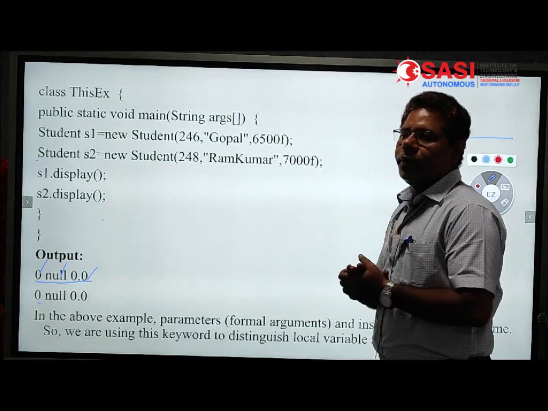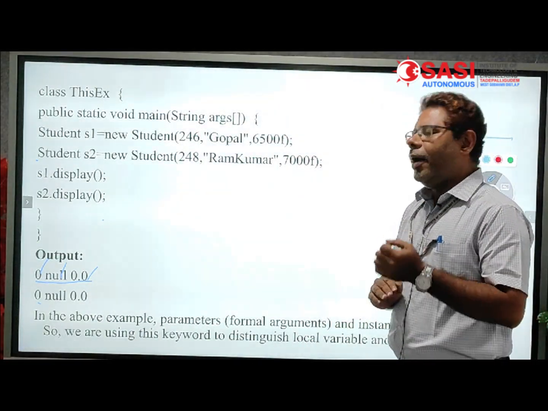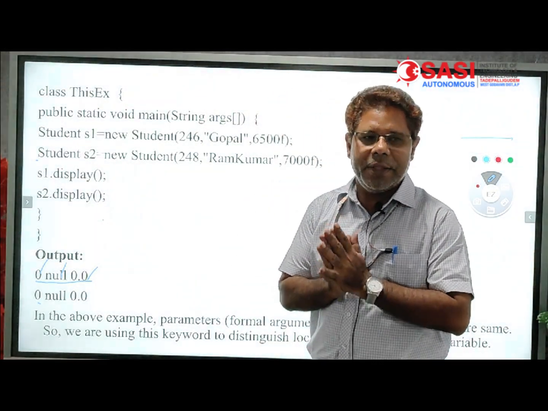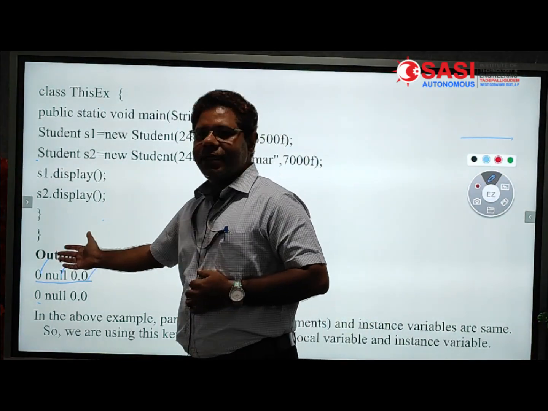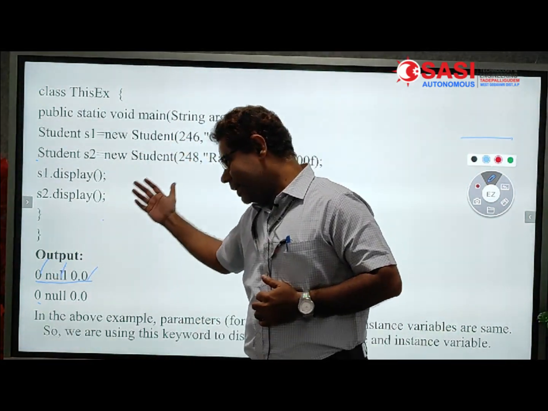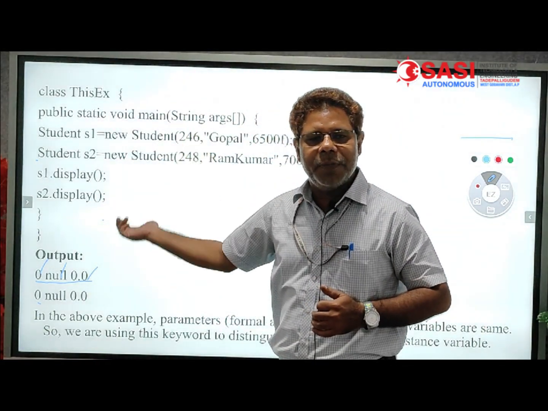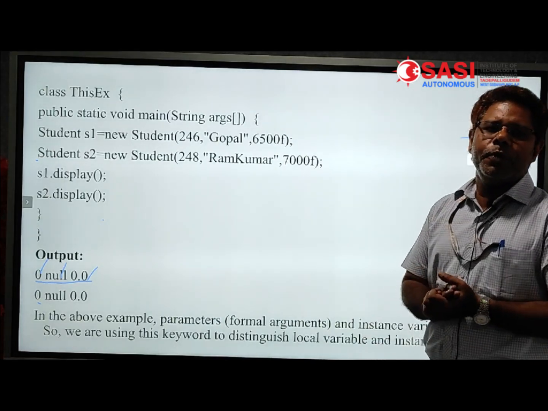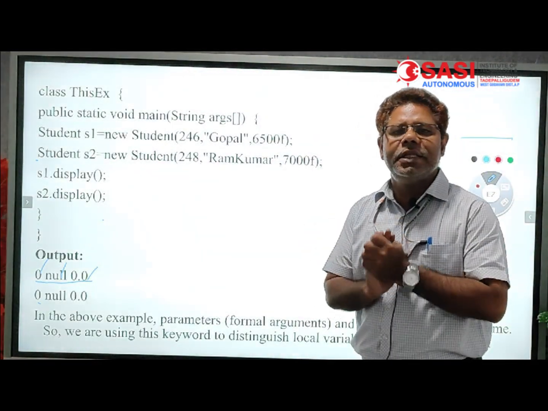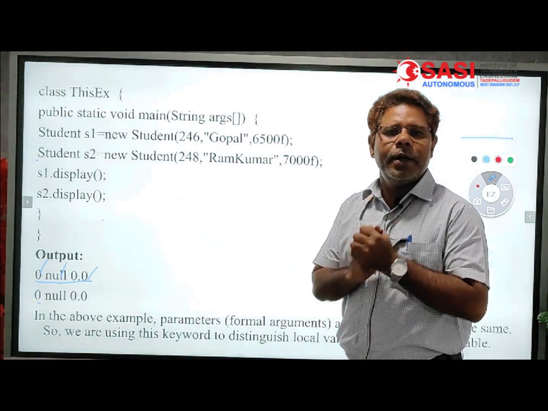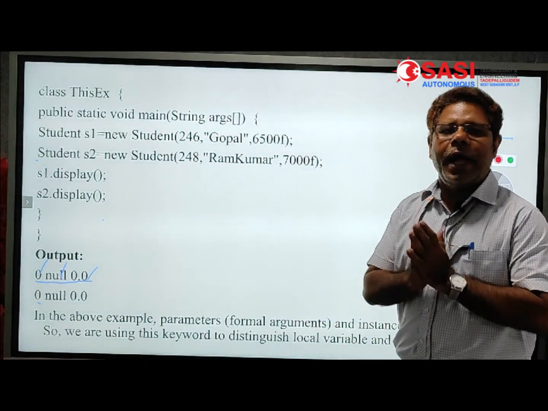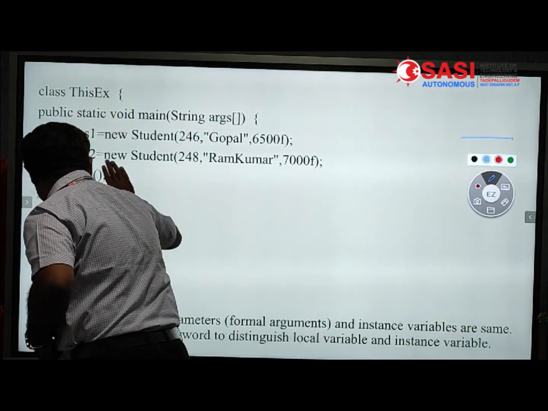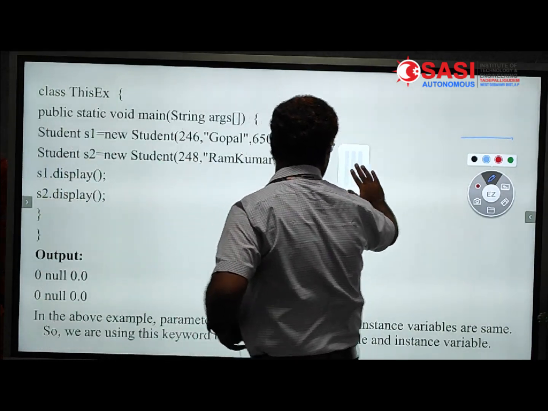So whenever we are not using the this keyword, ambiguity occurs and the compiler prints the default values. To solve this problem we compulsorily use the this keyword to differentiate the instance variable and the parameters. Now we can see how to solve this problem by using the this keyword.